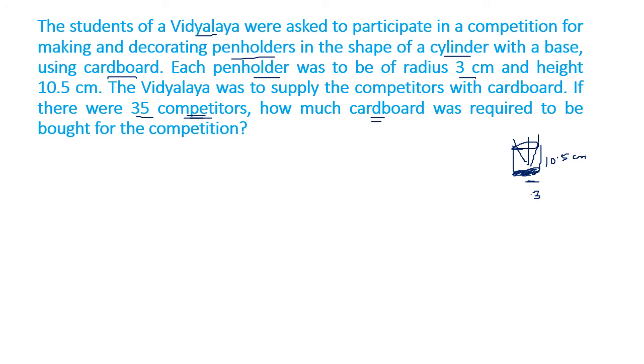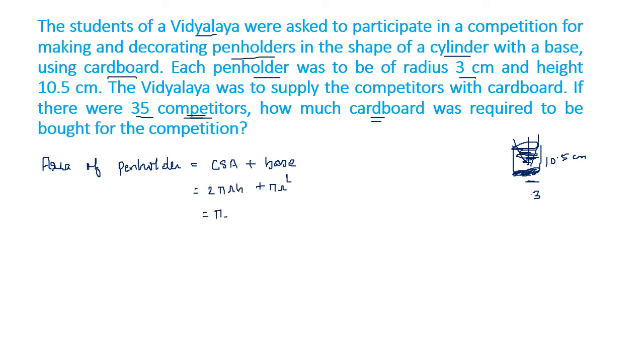So we need to find out the area of the pen holder, equal to the CSA of the cylinder, the curved surface area, plus the area of the base, that is the circle. We will have 2 pi r h plus pi r square.